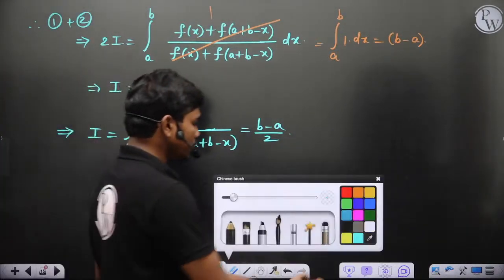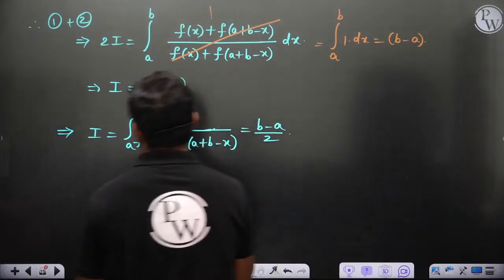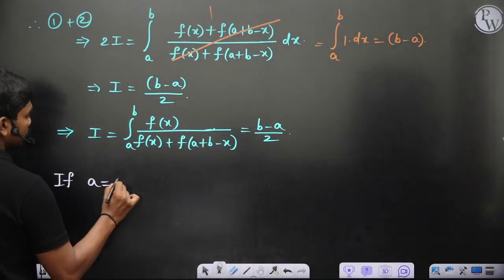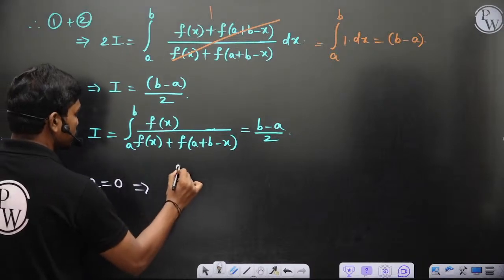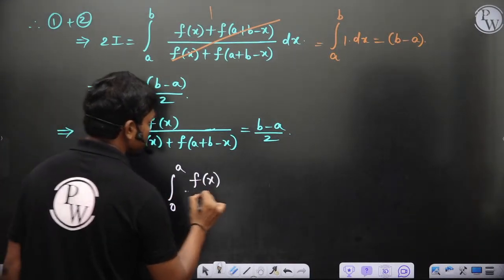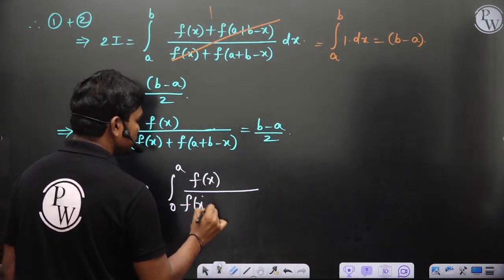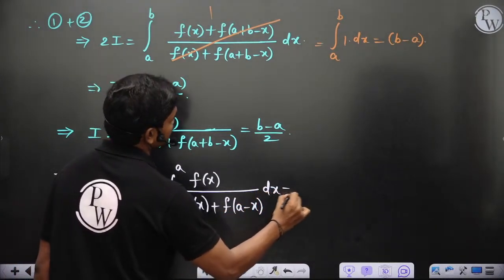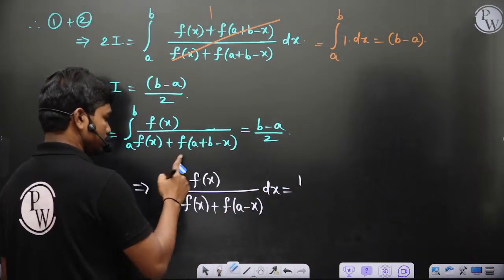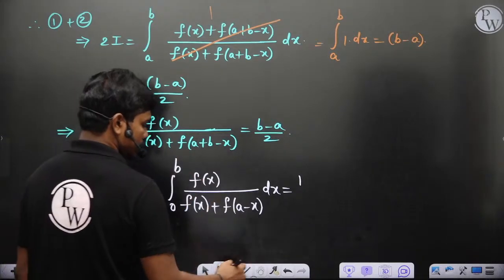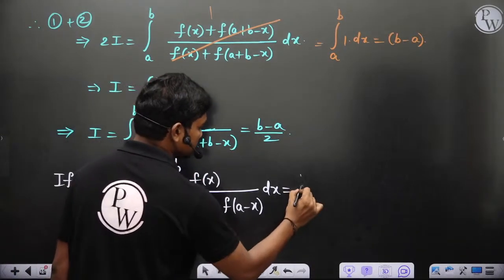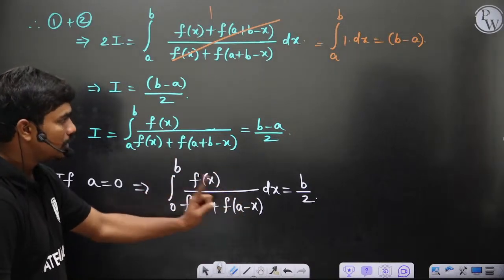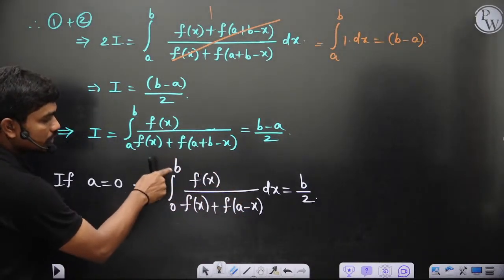In such a case, if a is equal to 0, this integral is just b by 2, because a is 0. So if you find any such integral, the answer is just half of the upper limit value.